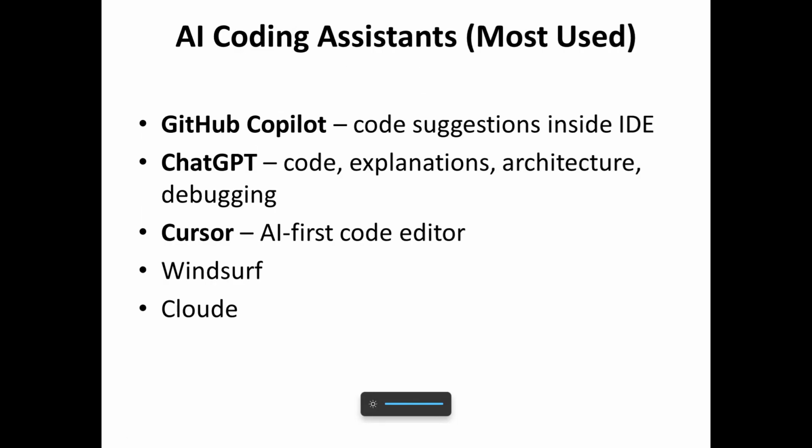AI coding assistant. When we are talking about AI coding assistants, the most commonly used AI tools nowadays include GitHub Copilot, which suggests code inside the integrated development environment, and it is not the only tool most of us are using. There is ChatGPT's enterprise version, where you can share your code and get insights, like an explanation of the existing code, or ask it to create new code.